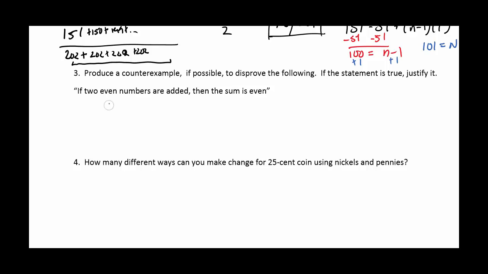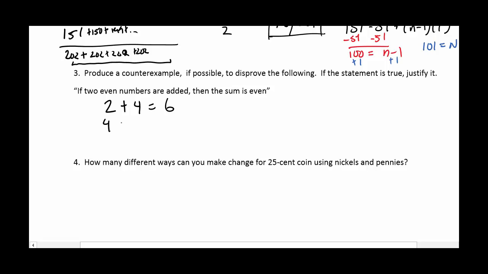Okay, so what I'm going to do is just make up two even numbers. So 2 plus 4 gives me 6. And does that match what the sentence is saying? So I've got two even numbers, I add them up, and I get an even number for a sum. So far that works. Now here's where it gets tricky: can we think of a counterexample of this?